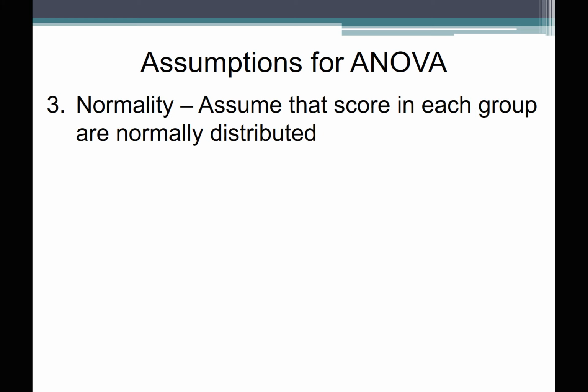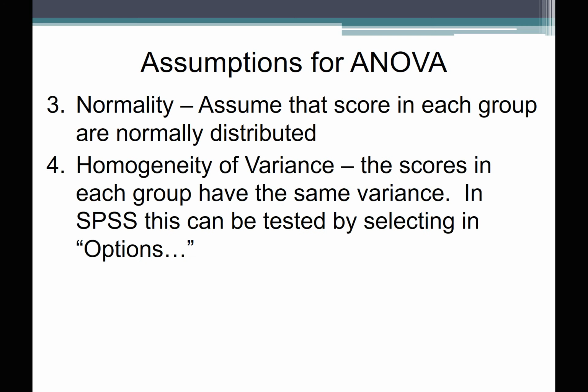Now this one, you remember we talked about very recently when we were talking about t-tests, that we assume that the scores in each group are normally distributed. And we also talked about, when we talked about independent samples t-tests, the homogeneity of variance assumption. So variance, of course, meaning kind of how spread out the data are, whether they're very close together or very far apart, right?